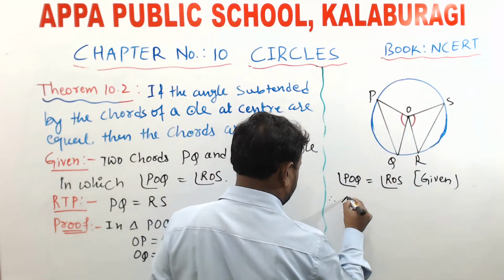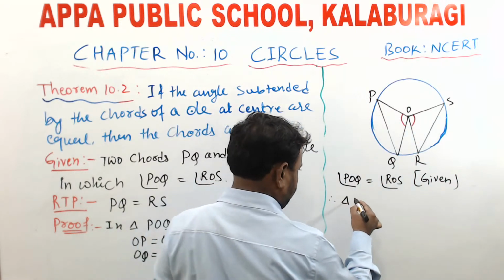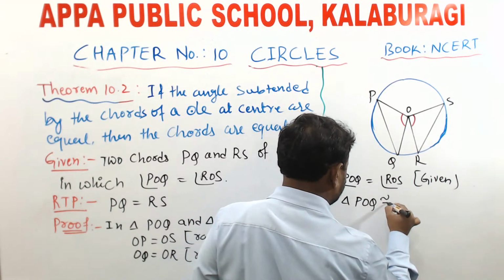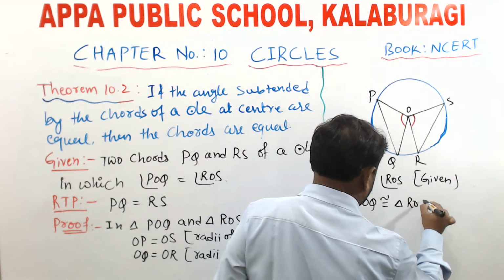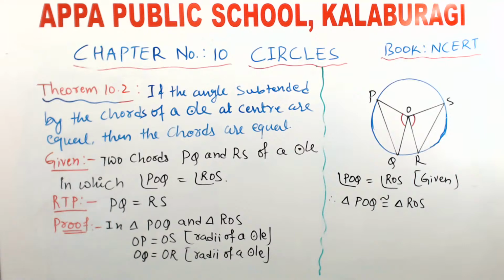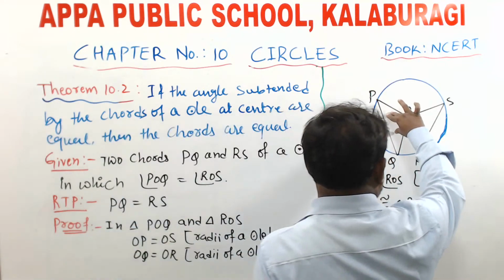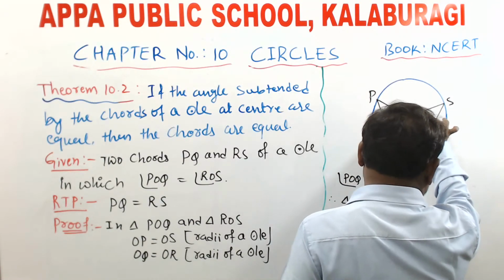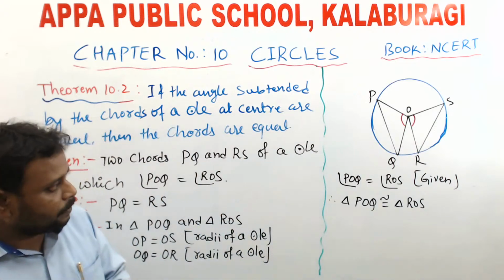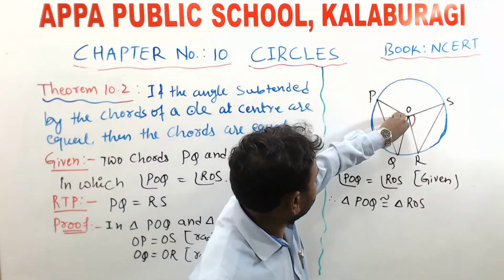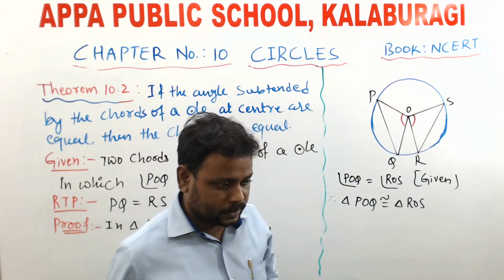Now therefore triangle POQ is congruent to triangle ROS. When two triangles are congruent, the corresponding parts of congruent triangles are equal. These two triangles, this one and this one, when triangle POQ is congruent to triangle ROS, the corresponding parts are equal.